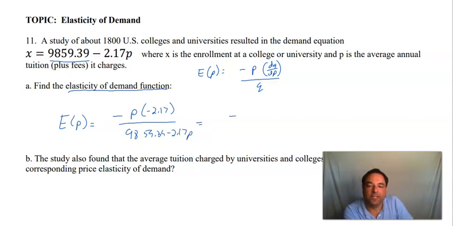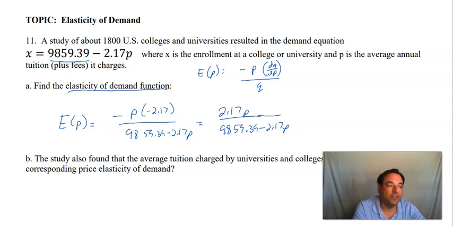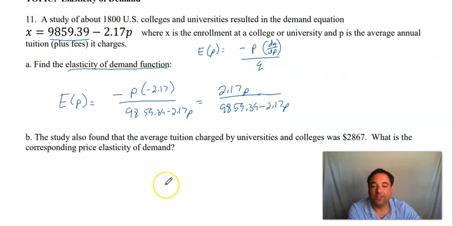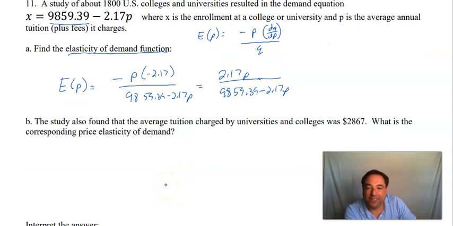So that gives us negative times negative, which would be positive 2.17p over 9859.39 minus 2.17p. That is what we're going to use for our elasticity of demand. I always like to keep safe, so maybe you want to put the top and bottom in parentheses.